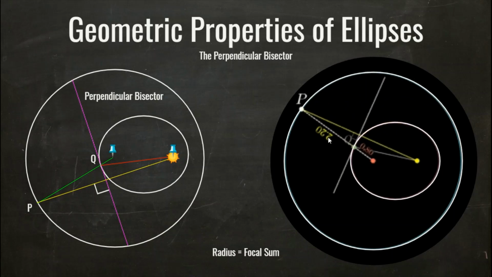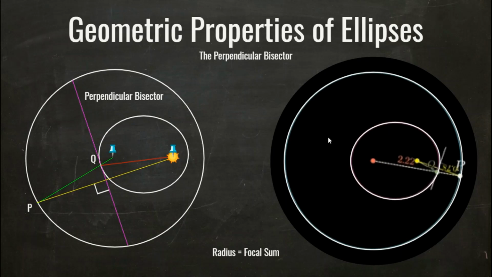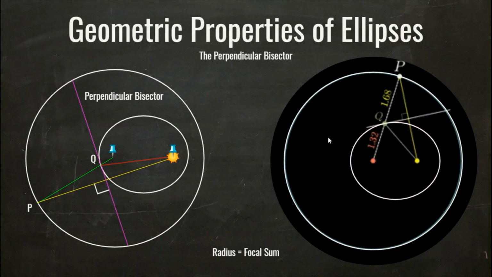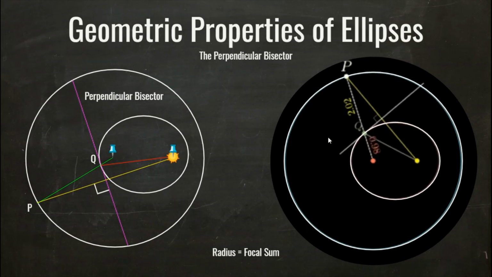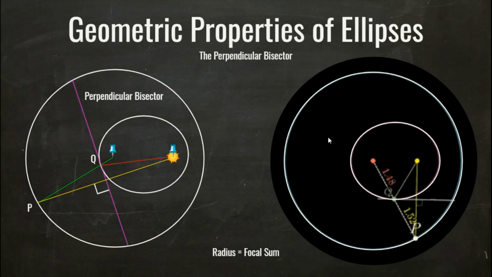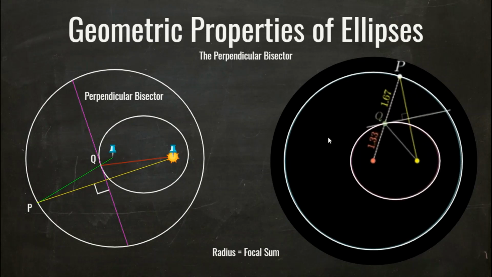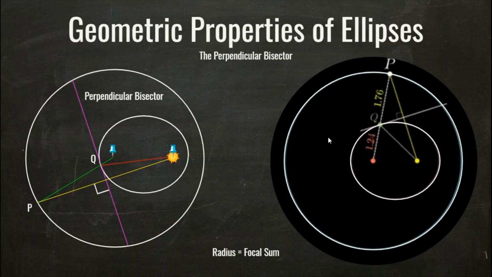We discussed that in the previous slide. But because the radius stays constant, no matter which part of the circle you draw it from, the focal sum remains constant as well, which by definition means that it traces out an ellipse, specifically an ellipse whose focal sum is equal to the radius of the circle that it is in.